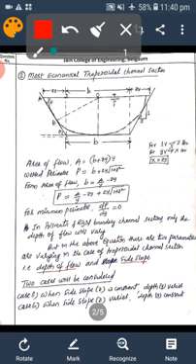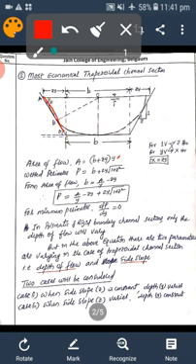Then the wetted perimeter. I already explained the wetted perimeter in my previous derivation for the rectangular channel section. Wetted perimeter means the length of the channel boundary in contact with the water.